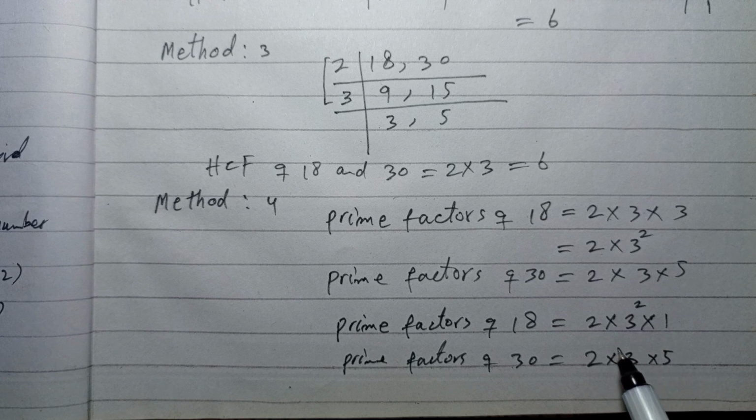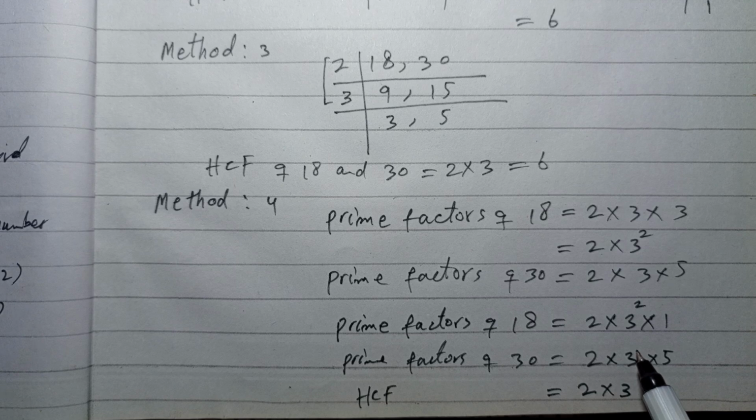Now, to get HCF, you will write the lower or smaller index from these. You see that the index of 2 is 1 here and 1 here, so you will write 2, and the index of 3 is 1 here and 2 here, so the smaller index is 1, so you will write 3 only.